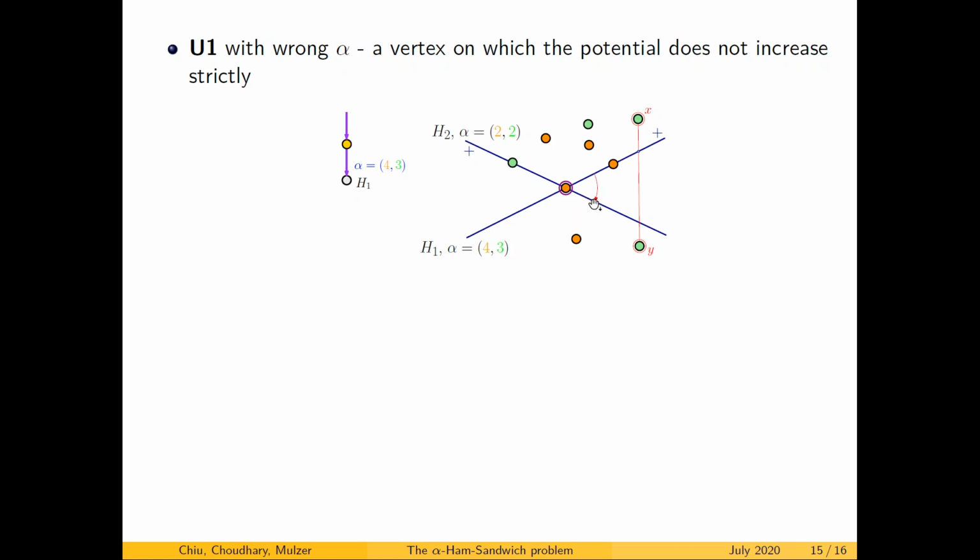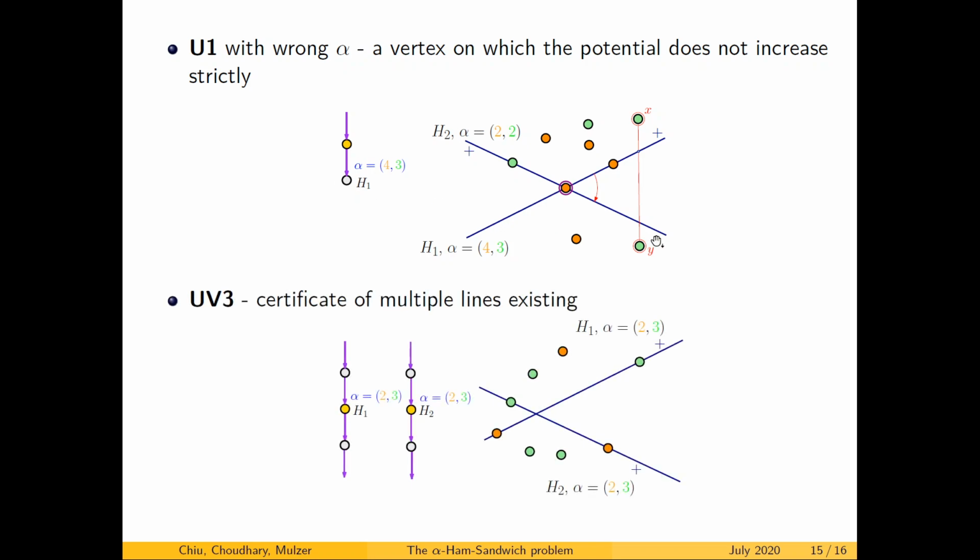And now if we apply a rotation, then the orientation of the hyperplane flips. So H2 now has alpha vector (2, 2), which is unexpected. So this will not form an edge in the graph, although it is connected by a rotation, but the path will end unexpectedly at H1.